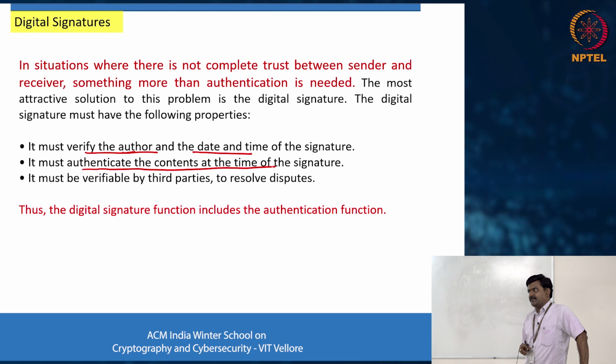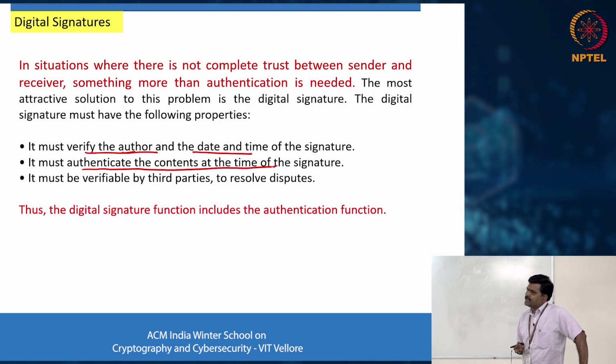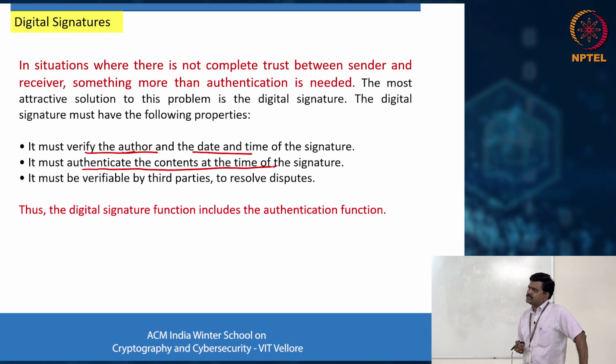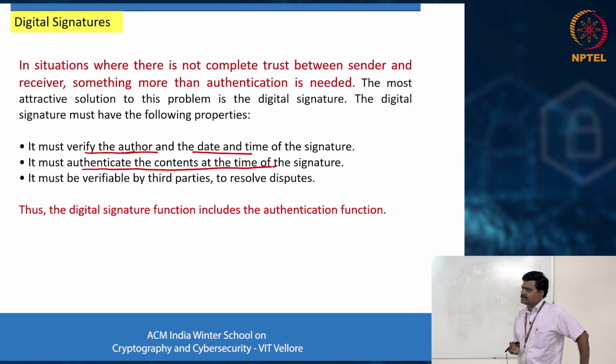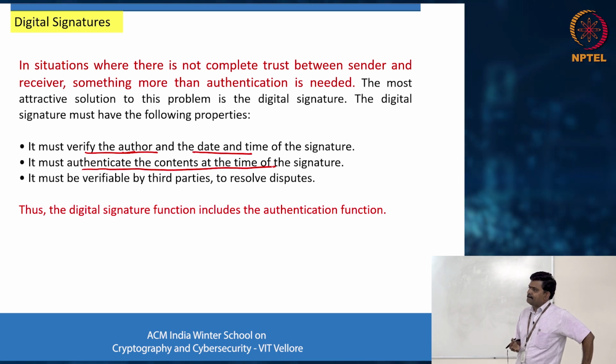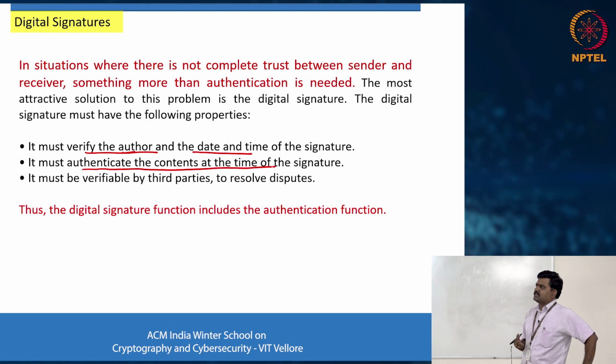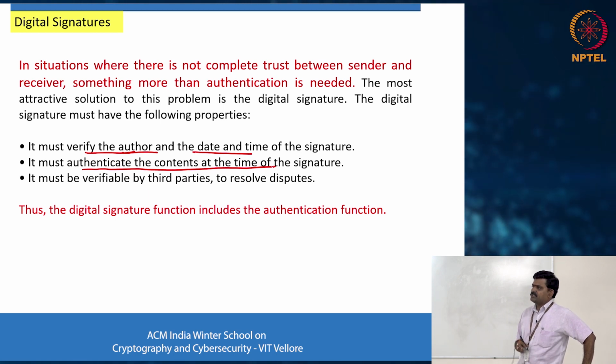When you create a message, your digital signature for that particular message is unique. When you create a second message, your digital signature would be different. For your third message, your digital signature would be different. So for every message, your digital signature varies, unlike your physical environment.